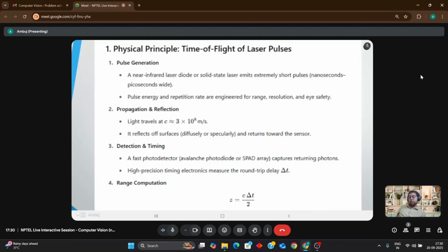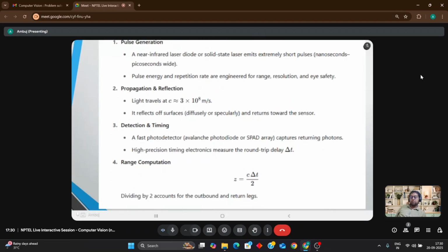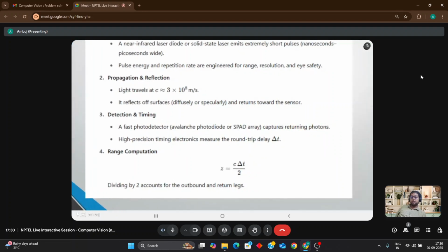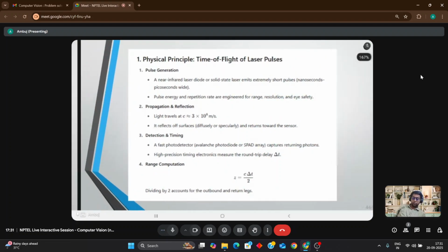Then propagation and reflection: the light travels at c, the speed of light, 3 times 10 to the 8 meters per second, reflects off surfaces, and returns to the sensor. Then detection and timing: a photodetector captures the returning photons, and high-precision timing electronics measure the delay delta T. So Z equals c delta T divided by 2, where dividing by 2 accounts for the outbound and return trips.